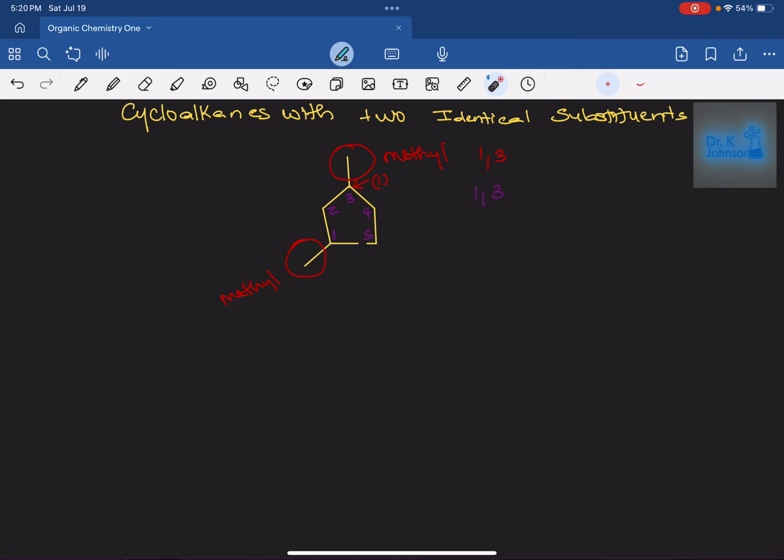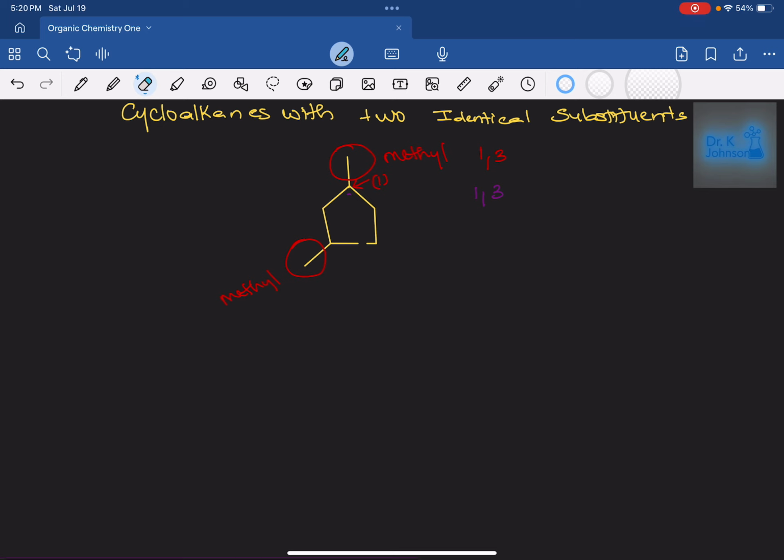Now, let's say I didn't number in the direction that gives my substituent the lowest possible number. Of course, it would be wrong. So let me show you what would happen if you didn't do that. So let's go ahead and play around with this structure. I'm still gonna use purple, but this time around I'm gonna number in the direction that does not give the second substituent the lower number.